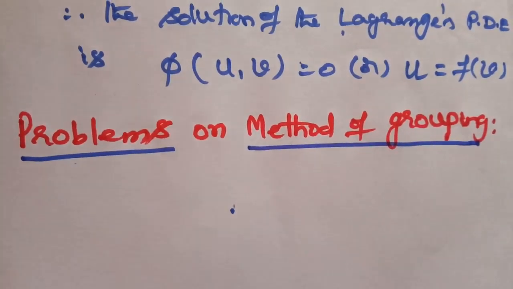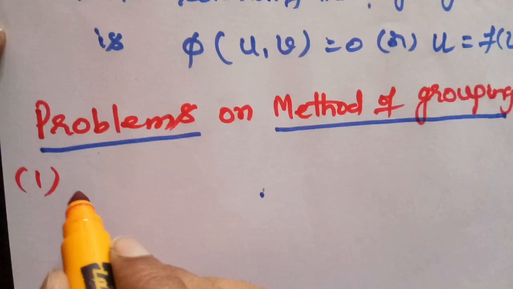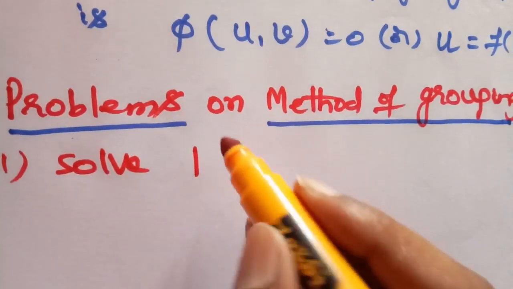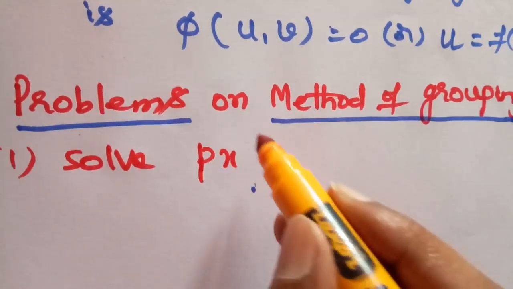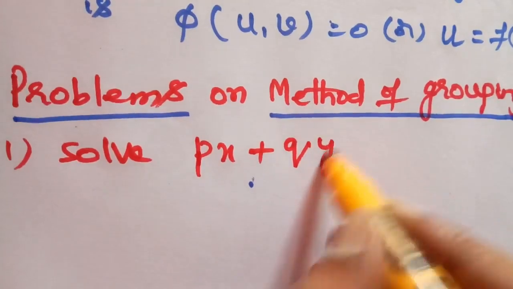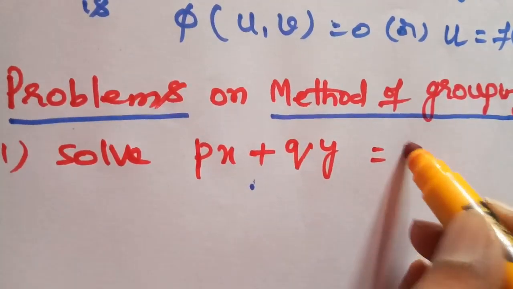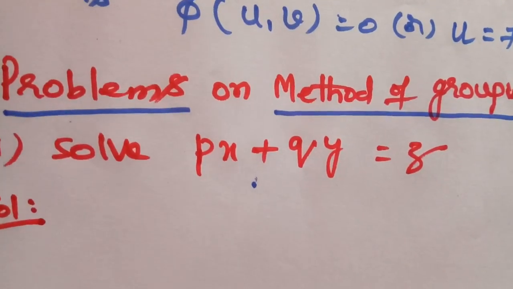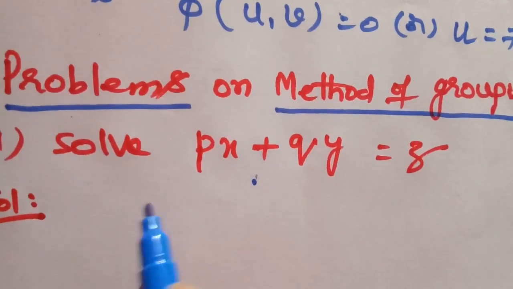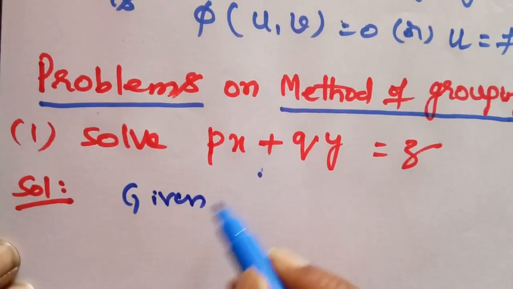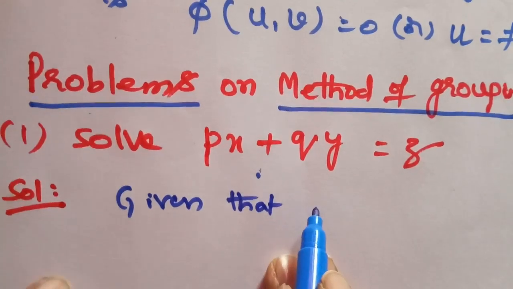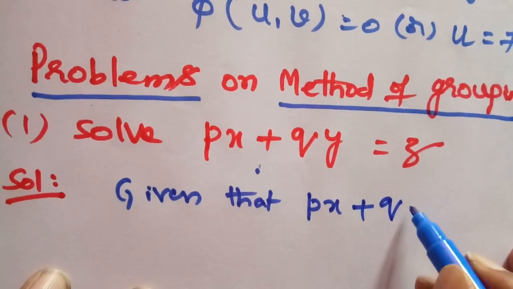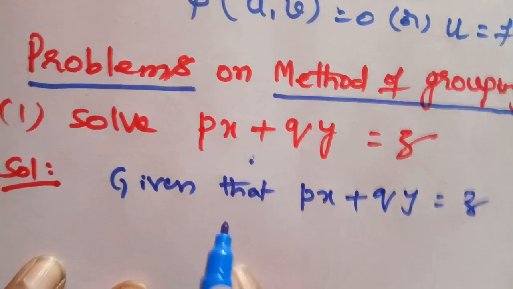Now problem number 1. Solve p into x plus q into y is equal to z. First write down the given equation. Given that px plus qy equal to z.